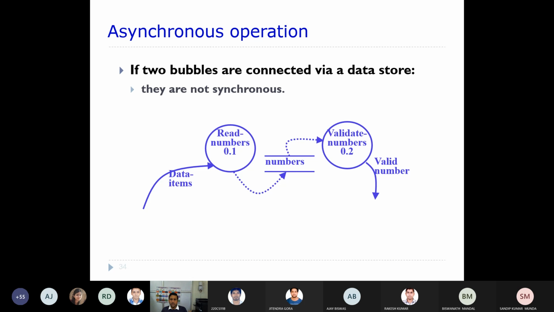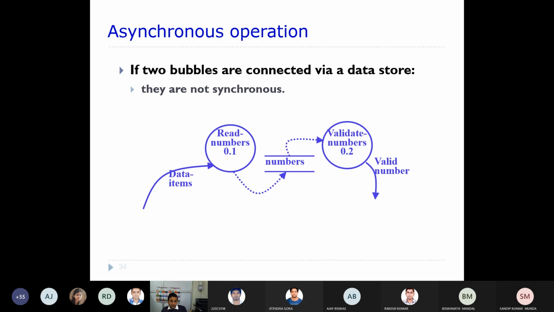So this particular processing, read numbers, outputs some data and it is stored in a number store, and from the number store this particular validate number function is going to take the data, but it is not going to directly take data from the read numbers operation. That is the way that you need to understand. So this is what we call an asynchronous operation.